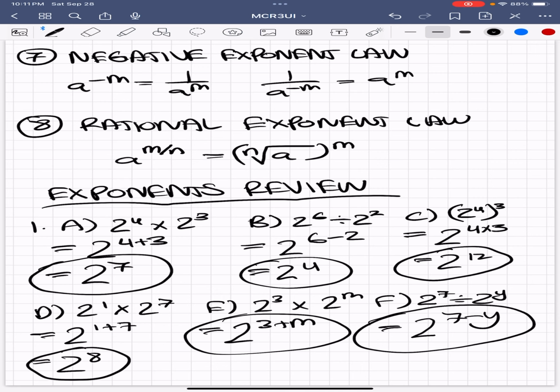This is using the first exponent law, which is product of powers, and then F uses quotient of powers.